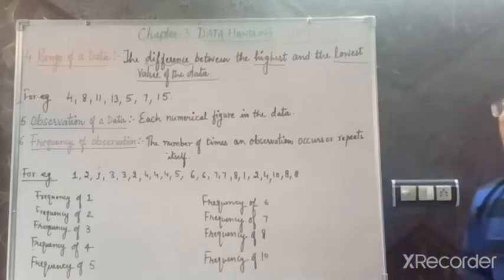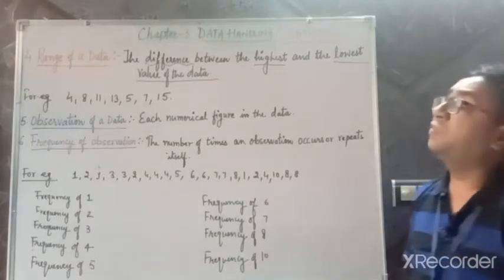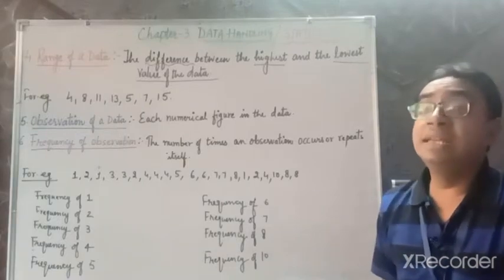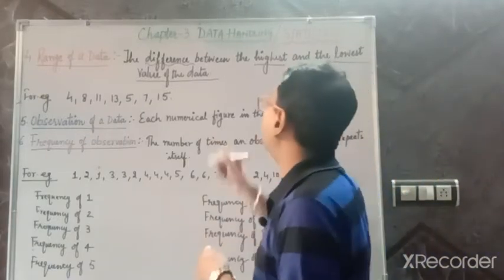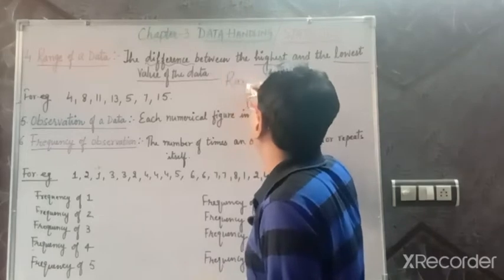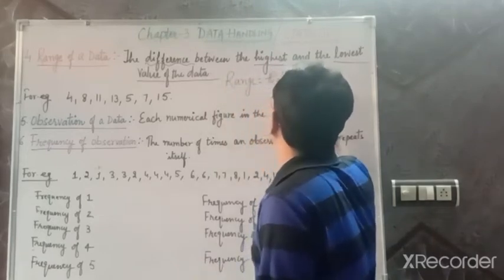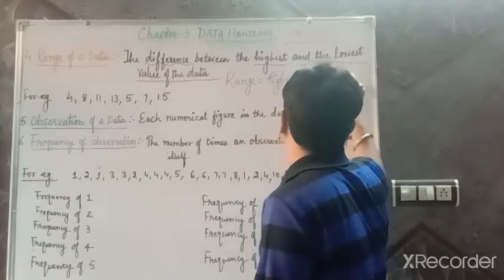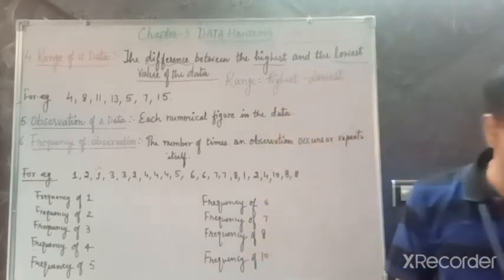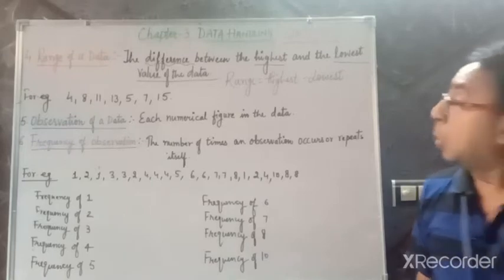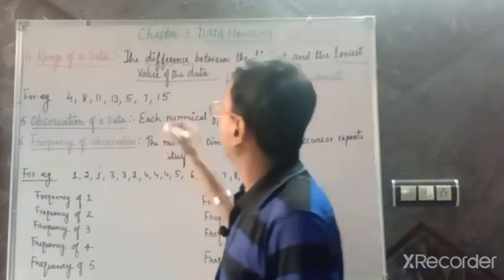Let's see one example. Can you see 4, 8, 11, 13, 5, 7, 15? They all are data. If I have to find the range, the formula is highest value minus lowest value. Let's see what is the highest value first. What is the highest value? 15.